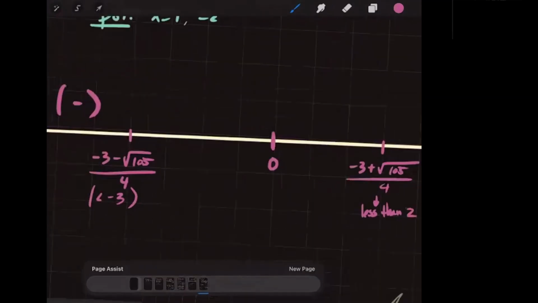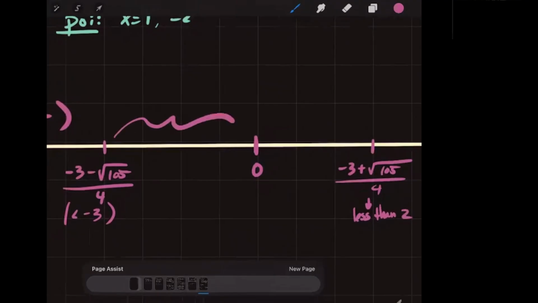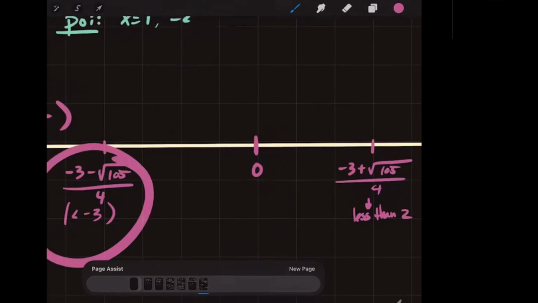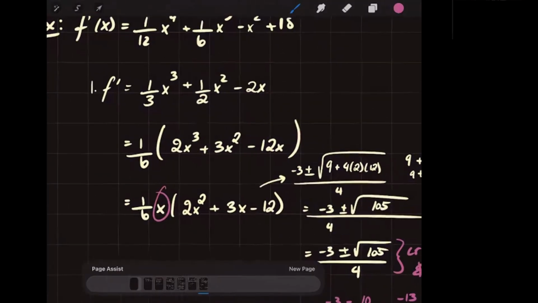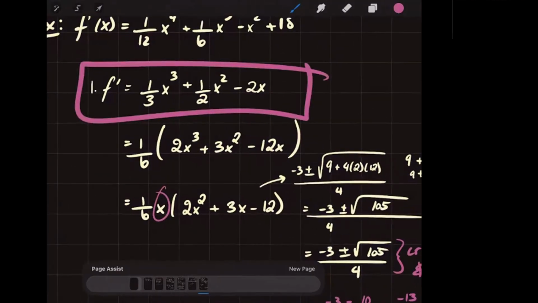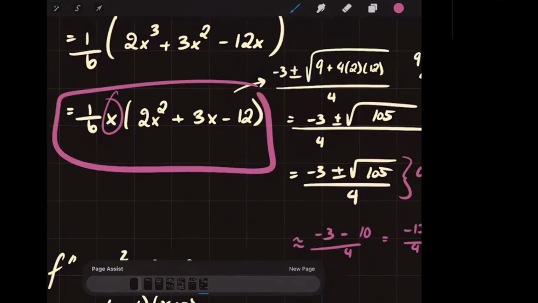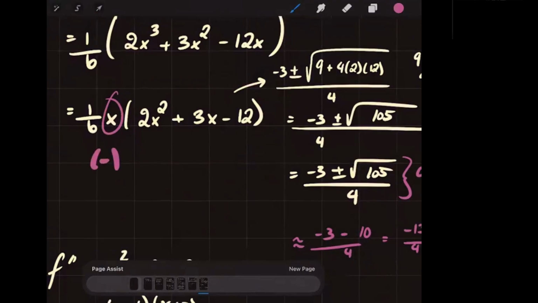Okay, so now that next section, I'm going to choose like -1, because I know it lives in here and it's definitely less than this. If I choose -1 and plug it back into the derivative, I guess back into here would be better. If I have a negative number here, and then this will be positive, negative, negative.